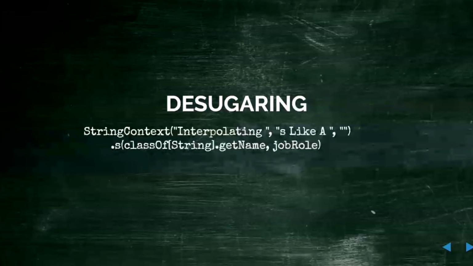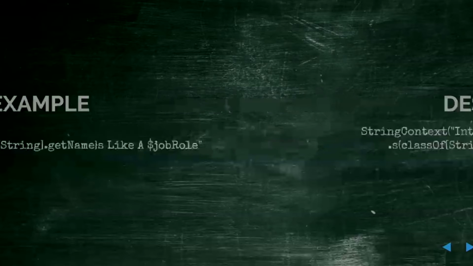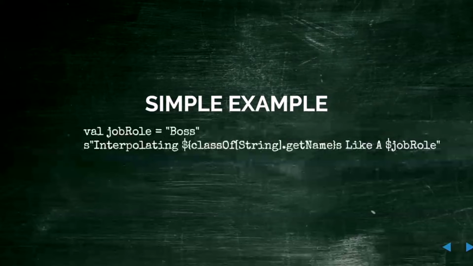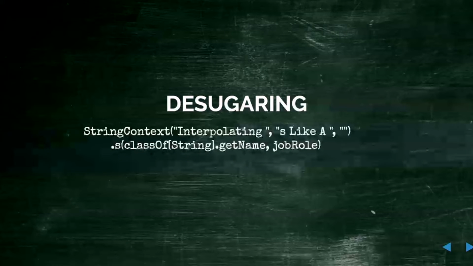So a key distinction to make is there are the fixed bits here, here, and there is an empty string at the end. Don't forget that. It will always be there. Well, it might not be empty, but in this case it is empty. But there will always be a string constant there. And then there's the variable parts which get slotted in.